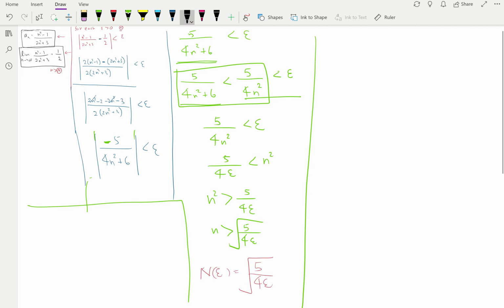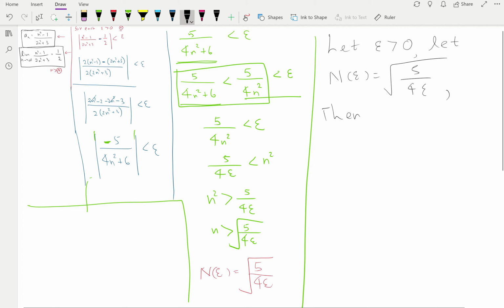So for arbitrary epsilon, let epsilon be greater than 0 and let capital N be the square root of 5 over 4 epsilon. Then n greater than capital N implies, so we can replace capital N by what it is, and then we can take the square of both sides.